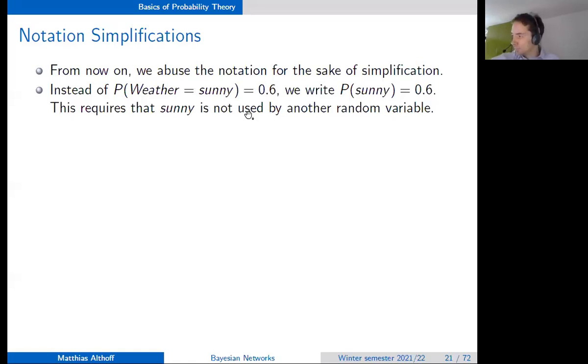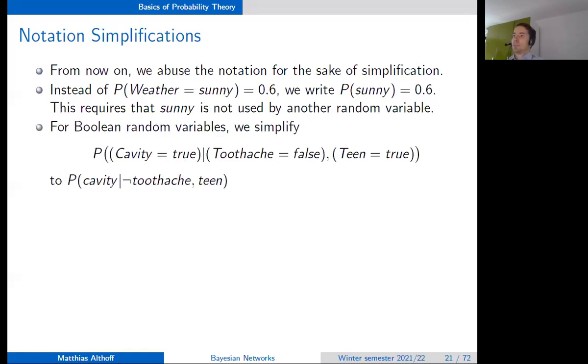So let's say you have another random variable which describes the mood of a person, and one value would be, oh, he has a sunny mood today. Then you cannot use the simplification because you don't know whether p(sunny) now belongs to the mood or to the weather. But we assume that there is no other use of sunny.